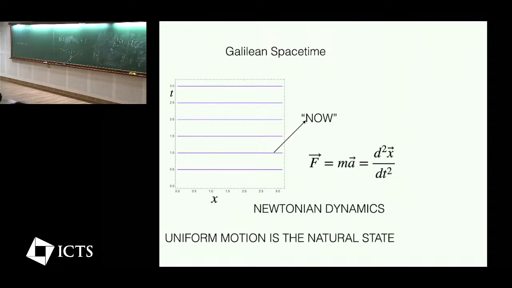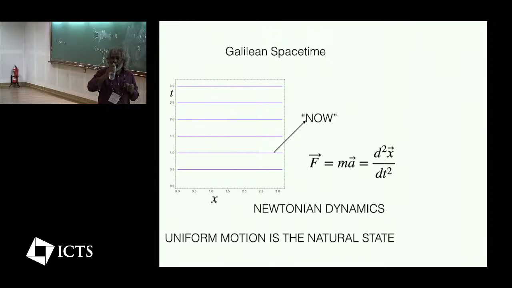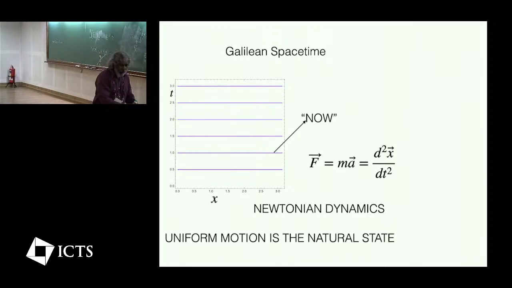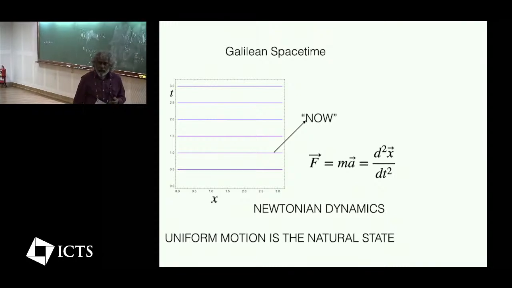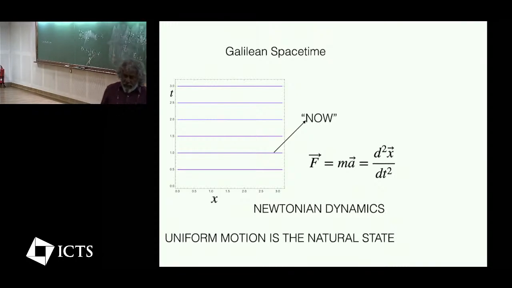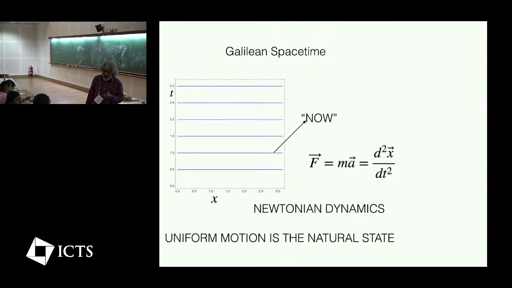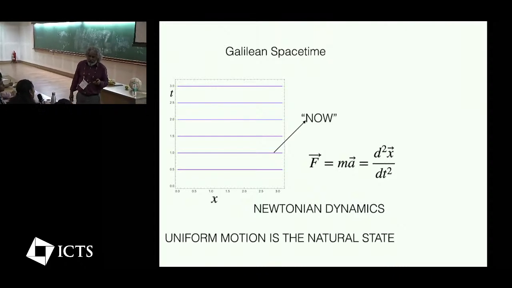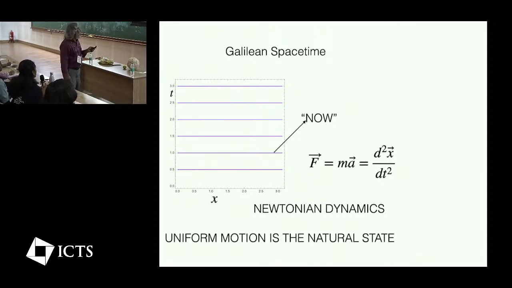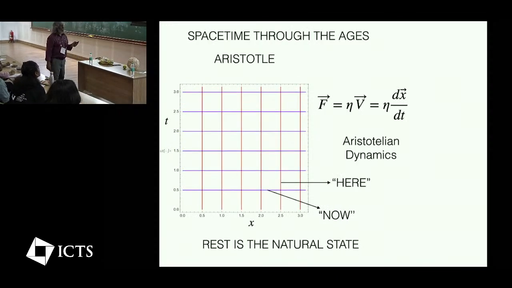How does removing the notion of here convert velocity in Aristotelian dynamics to acceleration here? See, velocity is not invariant under changes of frame.